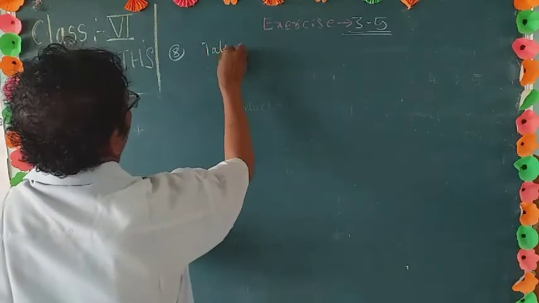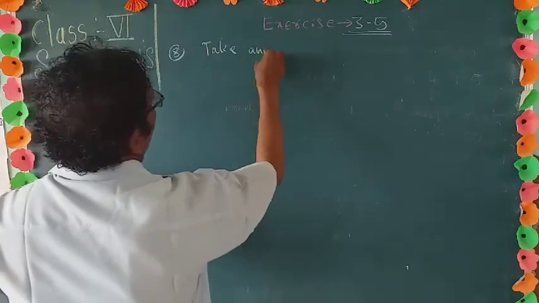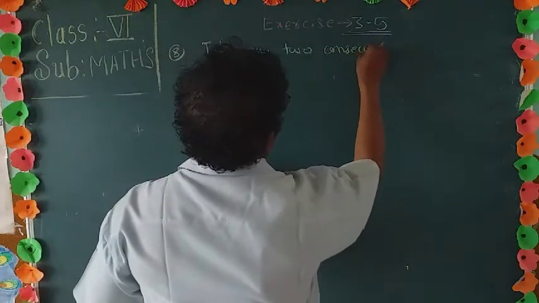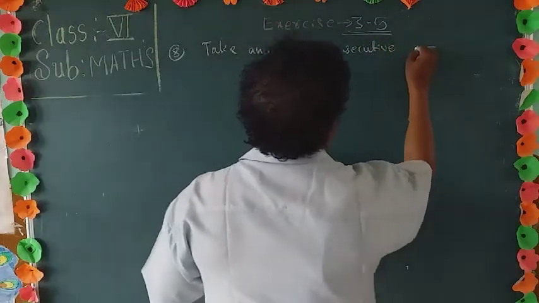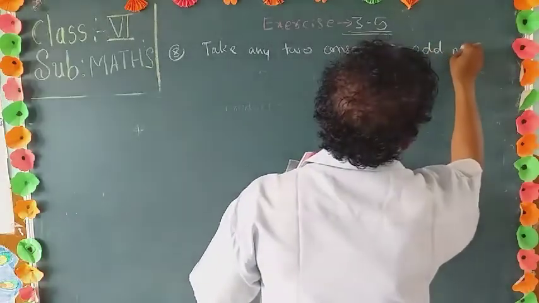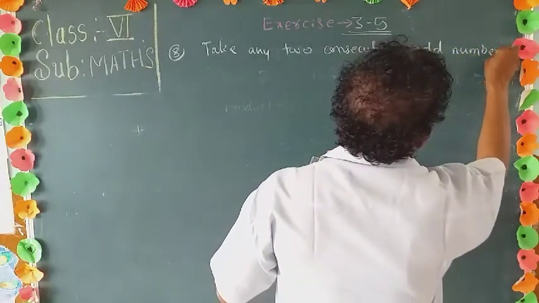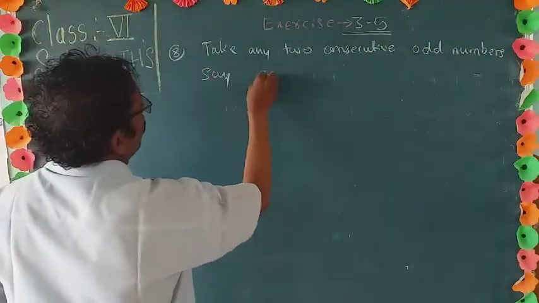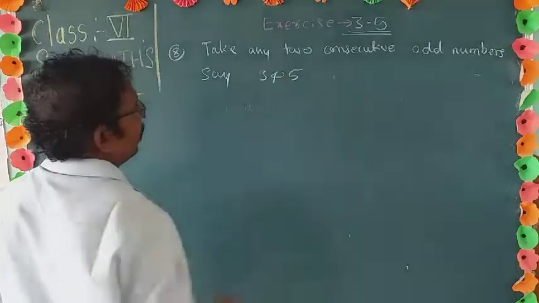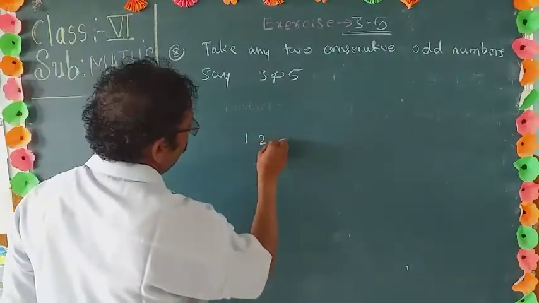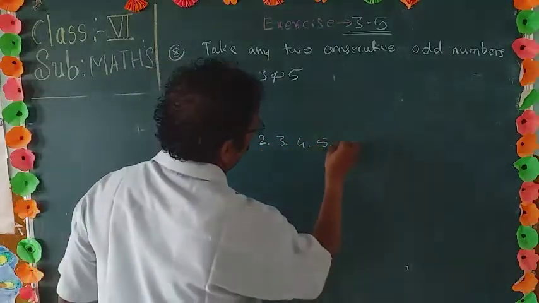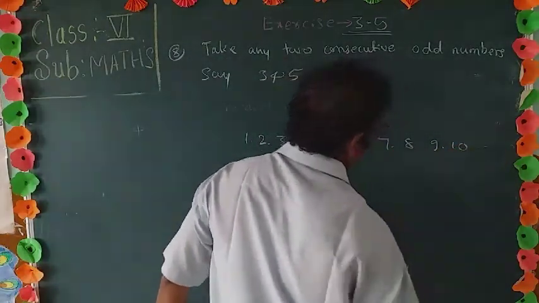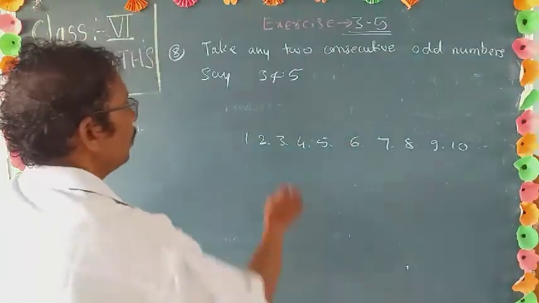Take any two consecutive odd numbers, say 3 and 5. See here, 1 2 3 4 5 6 7 8 9 10, like this the numbers are continuing.